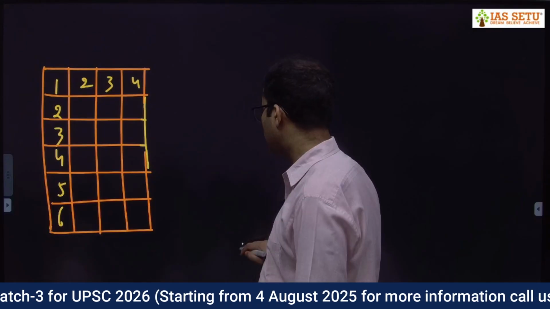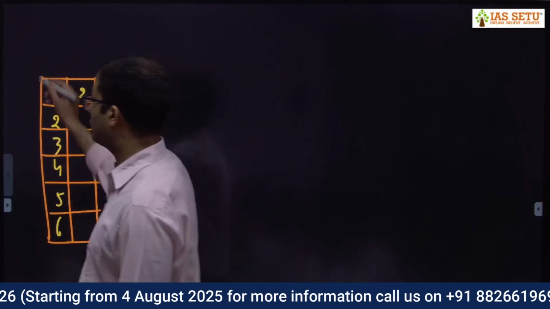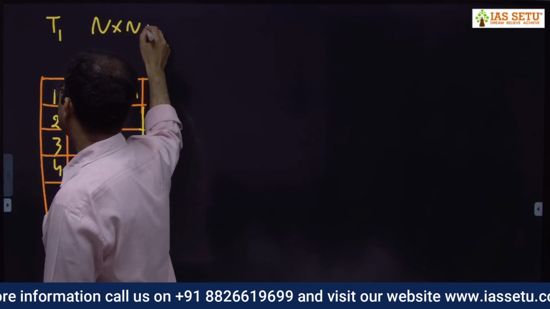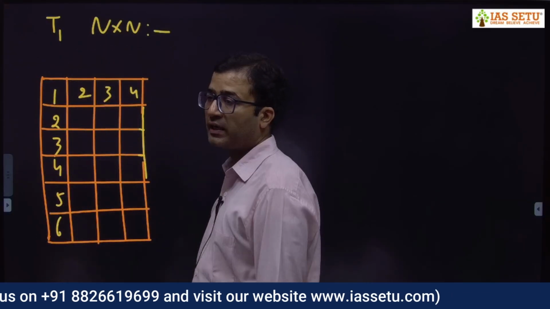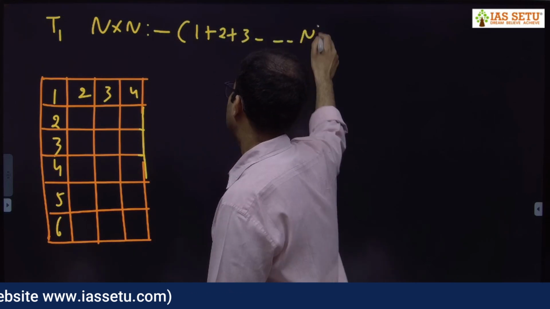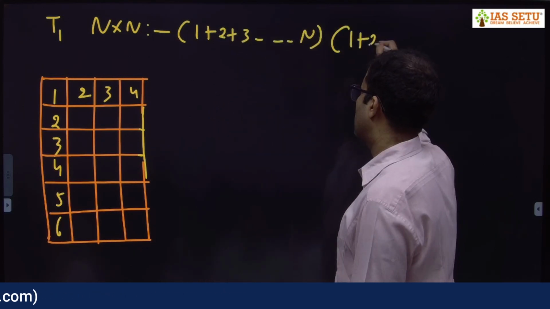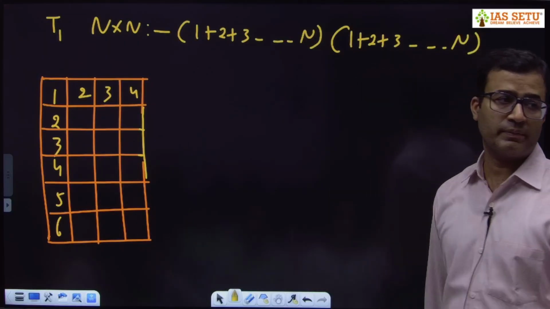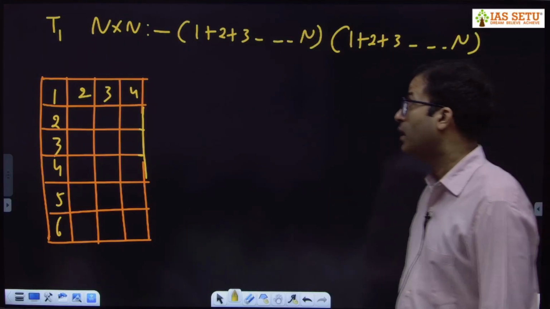I will tell you the shortcut, but let us first revise the type 1 shortcut, because that will help you remember type 2. Type 1 is an n by n figure. And for the number of rectangles, what is our shortcut? First bracket: 1 plus 2 plus 3 up to n, into second bracket: 1 plus 2 plus 3 up to n. Sum of the first n natural numbers multiplied with the sum of the first n natural numbers.